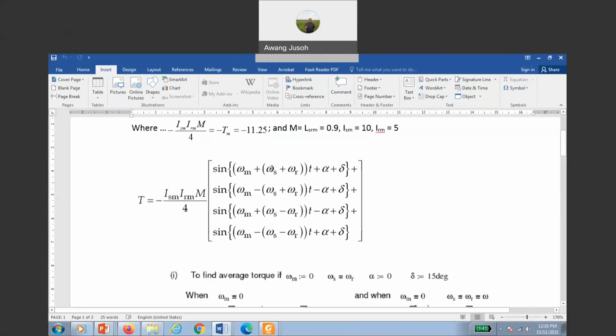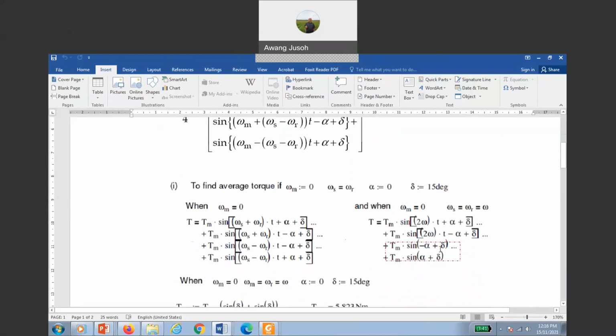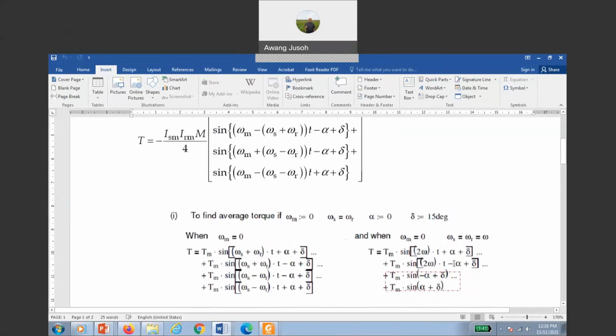We know just now omega s equals omega r, so equal to omega. This one becomes 2 omega, inside the bracket here. We have that. Then this is the equation for the torque generated here.